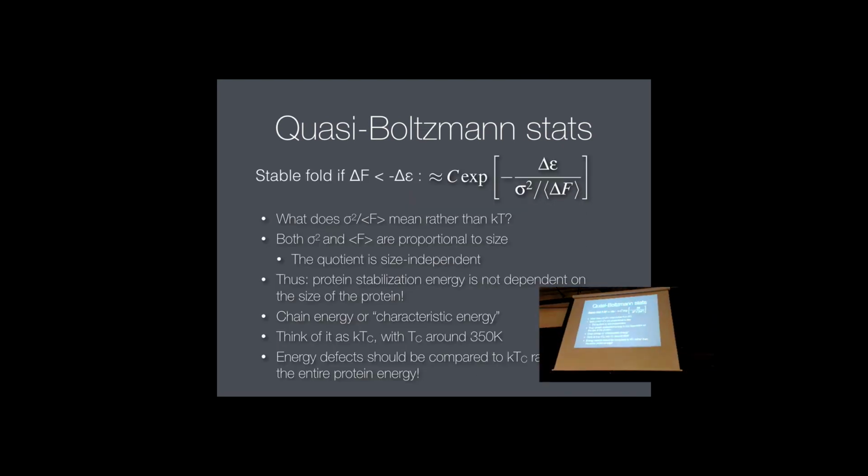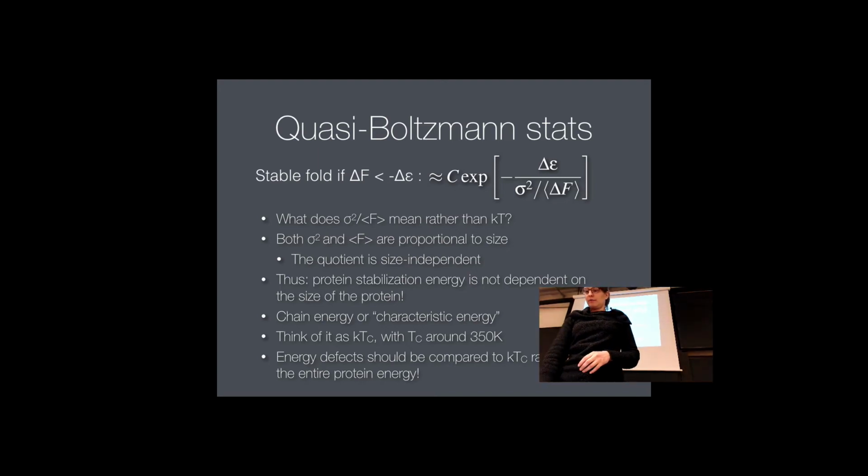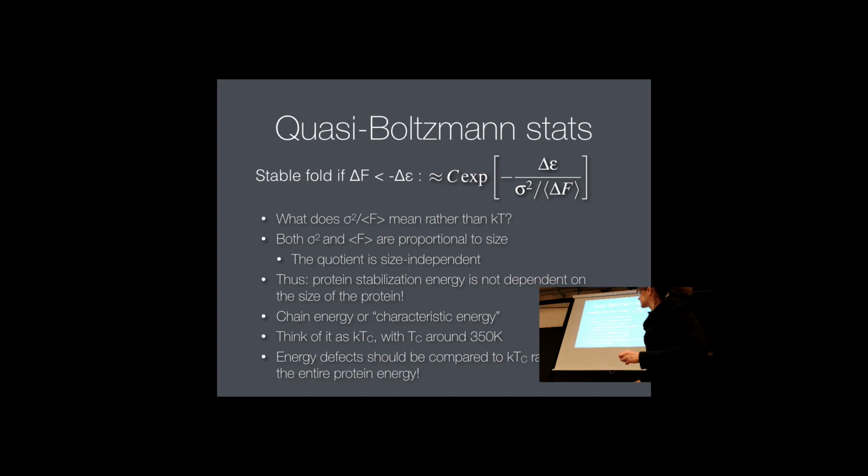So let's talk about this a little bit. What does this normalization factor, sigma square over delta F, do? Yes, this serves kind of as a reference, and this could be called the characteristic energy, because we need to compare delta E to this number to say whether it's allowed or not, in an exponential form.